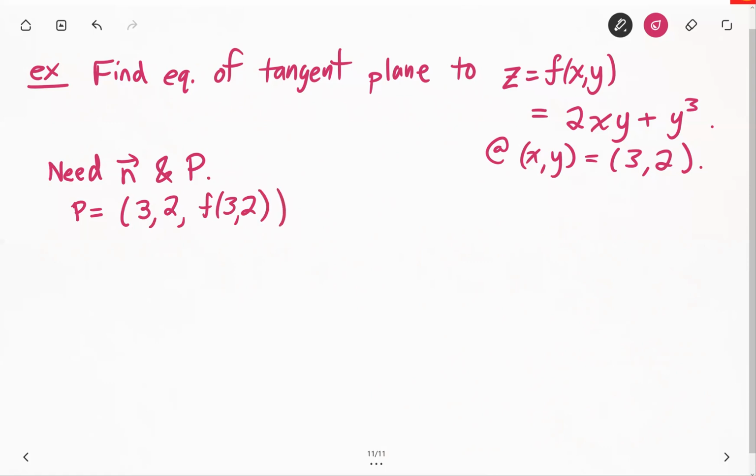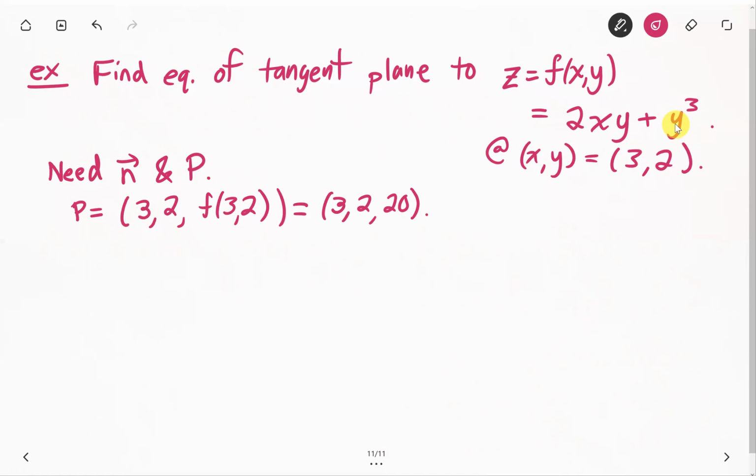If we plug 3 and 2 into this function, I get 2 times 3 times 2, that's 12, plus 2 cubed. 2 cubed is 8. 12 plus 8 is 20. So our point here is (3, 2, 20).